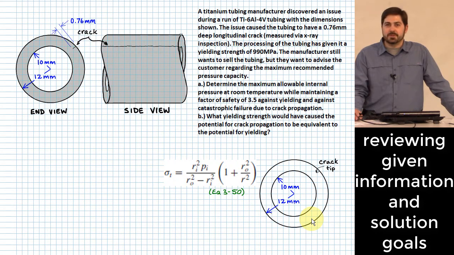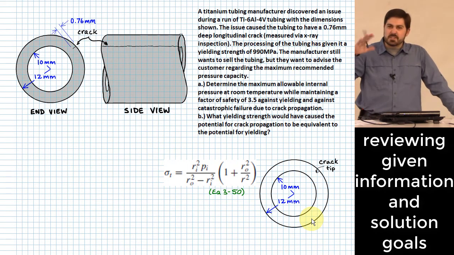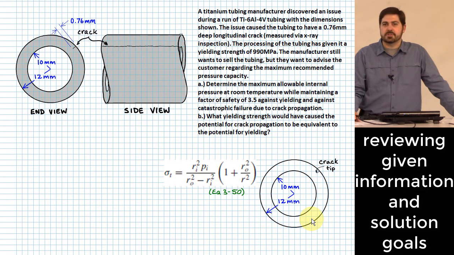You just have to advise the customer that this isn't as strong as one that didn't have the crack in it, right? So we're going to try to do something that somewhat mimics an exercise like that, and we'll try to figure out what the maximum pressure is that we actually can put into a tube like this, knowing that it has this crack in it, okay? It's going to be less than if it didn't have the crack, probably pretty obviously.